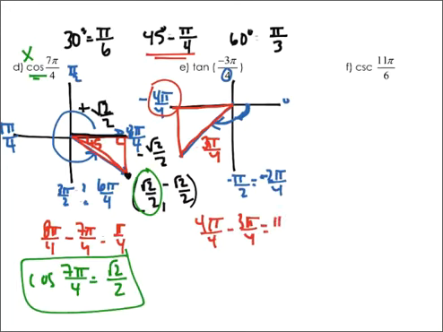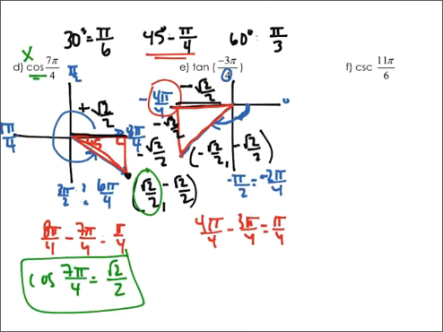So I've got another 45, 45, 90 triangle, which makes my ordered pair radical 2 over 2 and radical 2 over 2. Since I'm going to the left, my x value is negative, and my y value is negative. So my ordered pair here would be negative radical 2 over 2, negative radical 2 over 2.